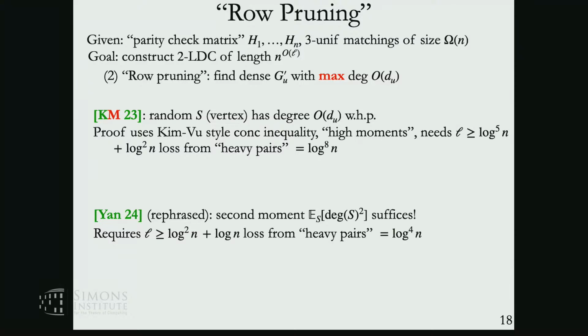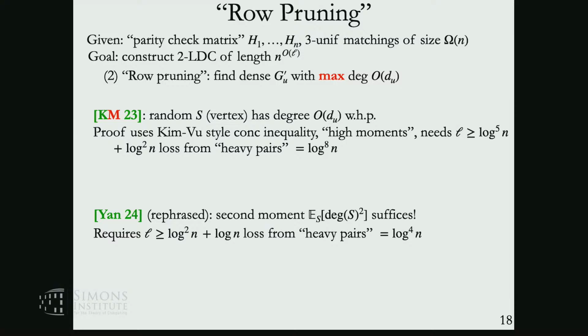It turns out that he also has a different way of handling the heavy pairs that saves a log factor. But we realized later that our log squared loss was actually just us being a little bit sloppy, and we could also get rid of this by doing Cauchy-Schwarz in a better way. But in any case, this log squared is a really big gain over this log to the 5. And so this is how Tal gets his log to the 4. I think it's a very, very cool idea.